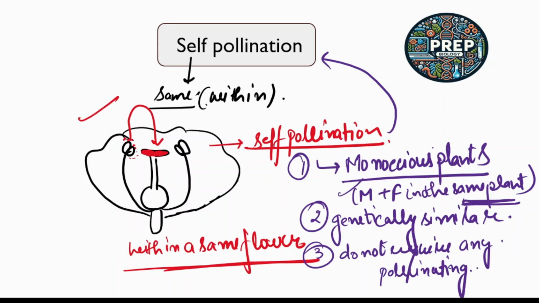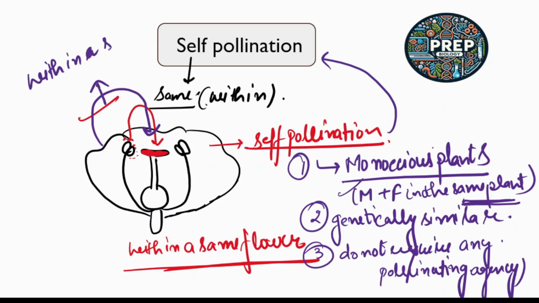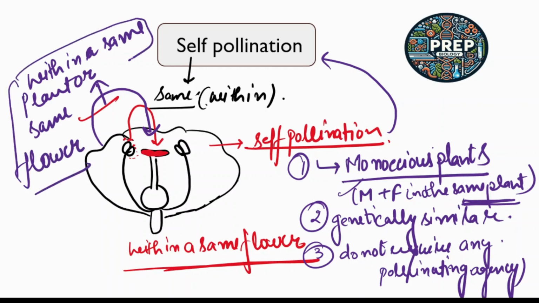Why does it not require a pollinating agency? Because the transfer of the pollen grains from anther to the stigma occurs within the same plant or same flower. That's why it does not require any pollinating agencies like bees, wind, bats, any animals. It does not require these kinds of external factors or external agencies.